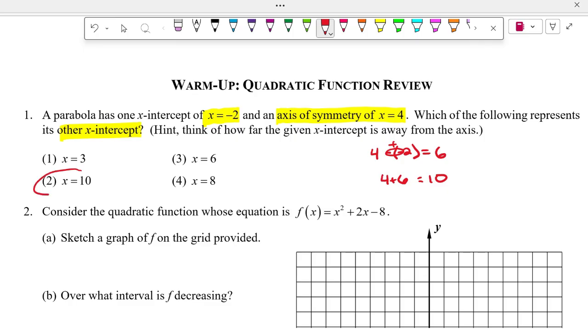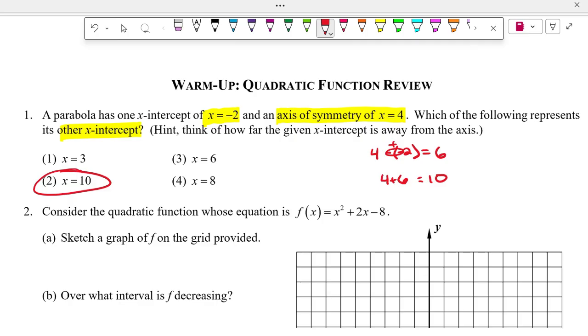Because remember, axis of symmetry, what's always true about every point on a quadratic function except for the vertex? They have a symmetrical buddy. Yes, Colin. When you draw it on the graph, so if you put x one intercept of -2, and then the axis of symmetry at 4, it's like x equals 4.